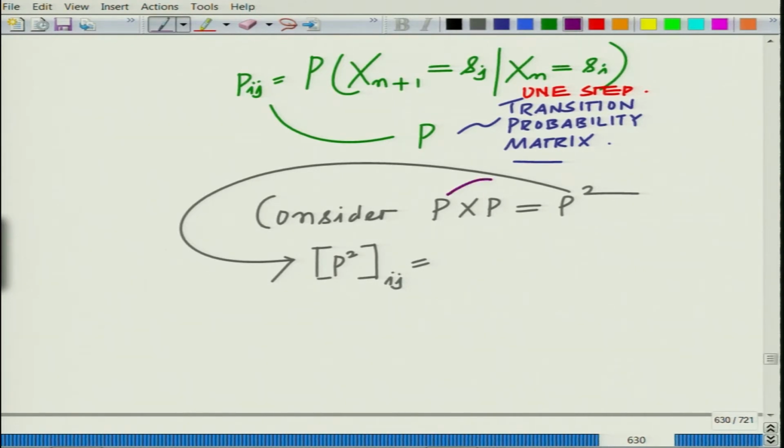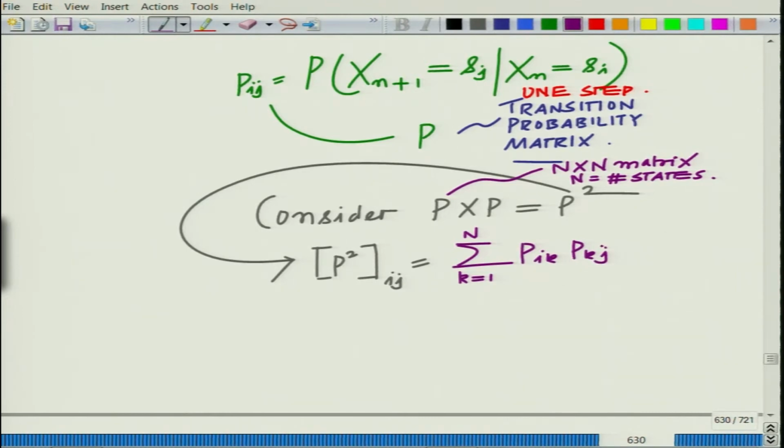Remember, each P is an n cross n matrix, n equals the number of states. Now, what is the ijth element of P square? So, this is essentially you sum over k equal to 1 to n, P_ik times P_kj. This is the standard expression for the matrix product.